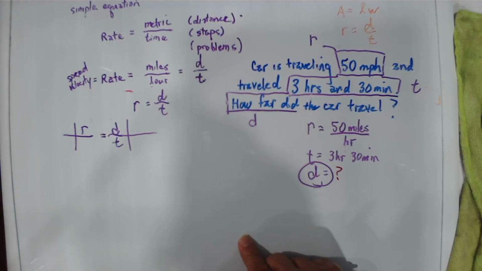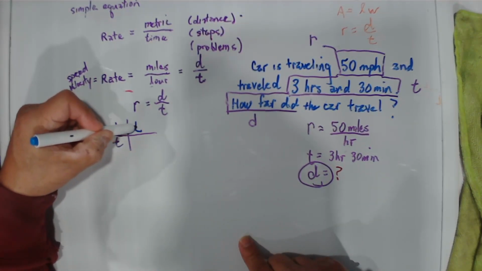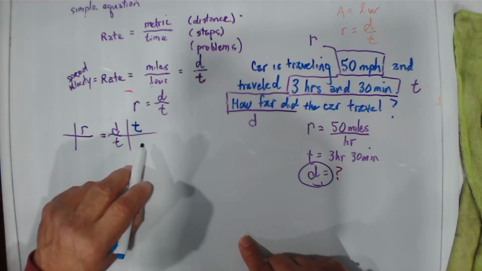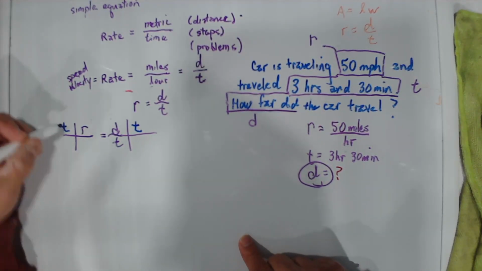In order to cancel out, what do we have to do? No, we don't add. We don't subtract either. Okay, that's right. We multiply by T. So if I multiply by T on this side, I have to do what on this side? I have to multiply by T on that side. Okay.